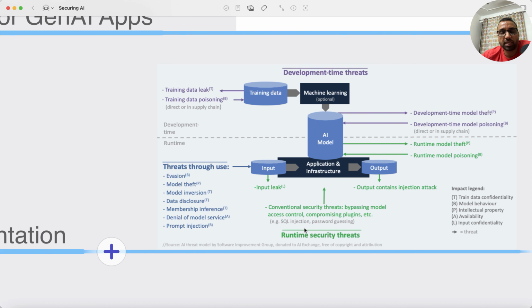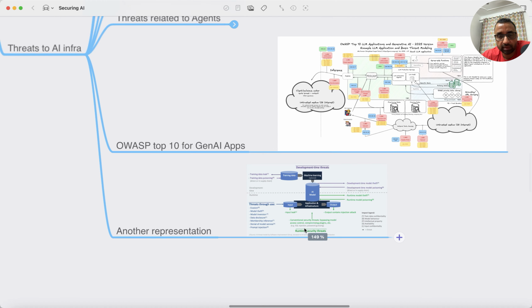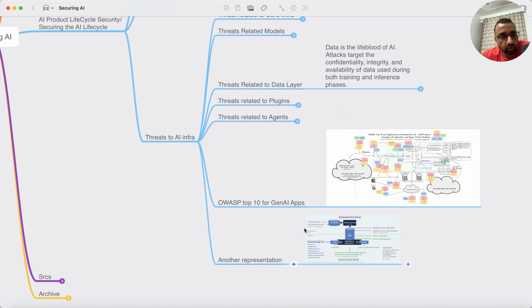How do you secure that, and what are the threats in that layer? And then when you put that application into testing, and eventually into production, what are the threats related to input and output, and how the data is flowing? So that's another way to look at it. Whatever you find easy, just go with it, but keep learning. That's the critical part.